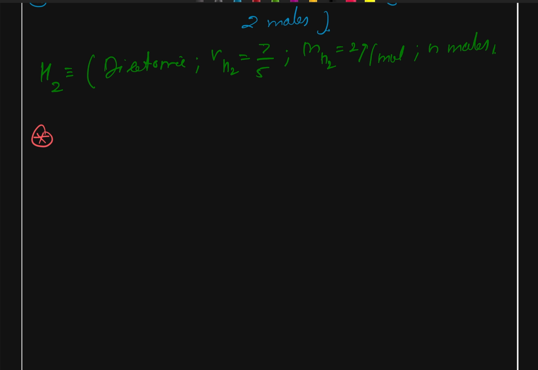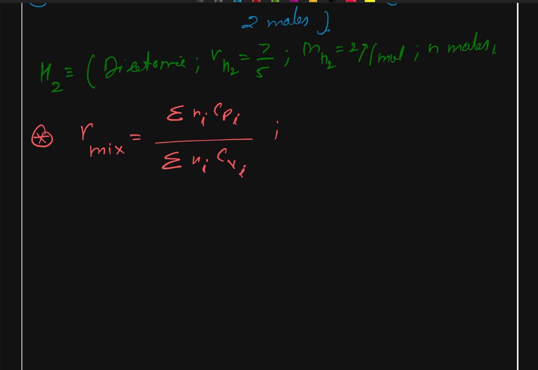So for our gamma for a mixture, we can use the general formula, and that general formula is the summation of n of i times Cp of i, divided by the summation of n of i times Cv of i. i will be the index over the components of the mixture. Here it is 2 components, so the value of i is going to be from 1 to 2.